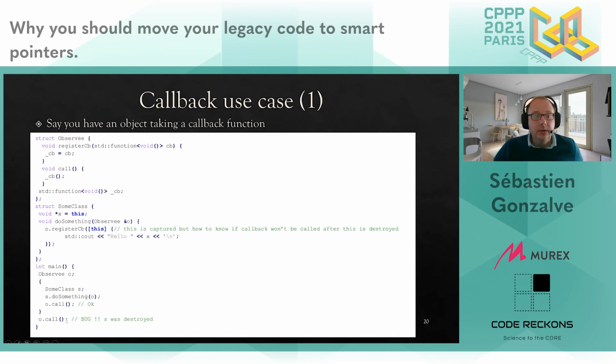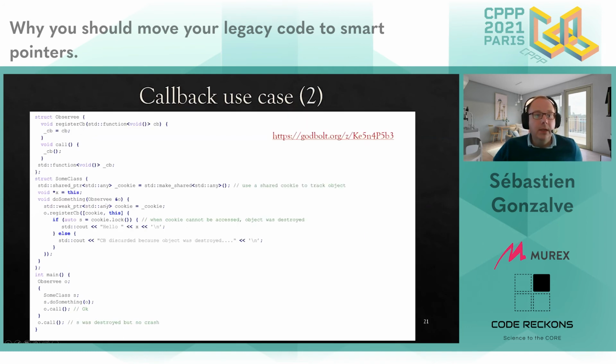The class was destroyed. So you may fix this, it's just a suggestion, by using some weak pointer and some shared pointer to create a cookie. So the class would embed some kind of cookie that is just a shared pointer to any. I just put anything here.